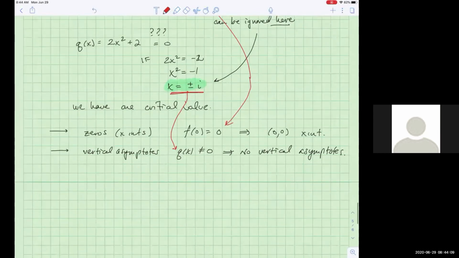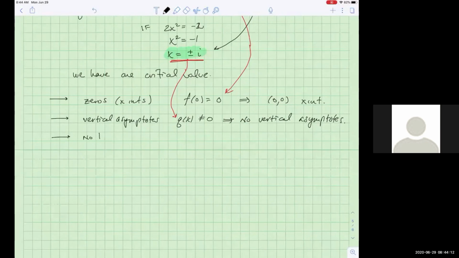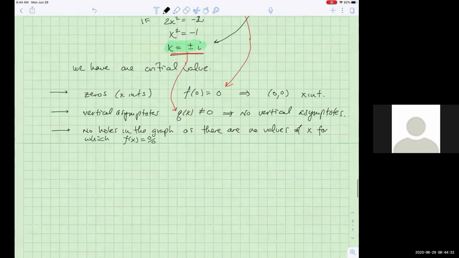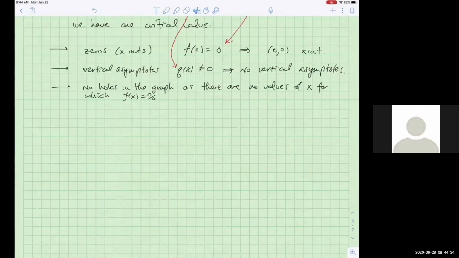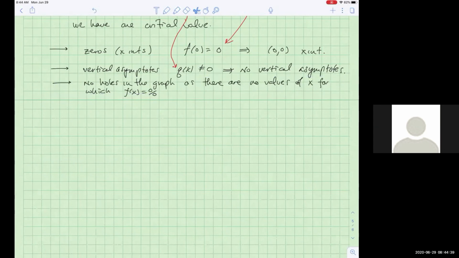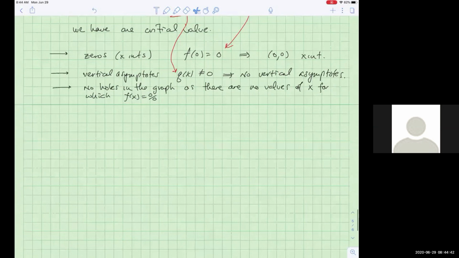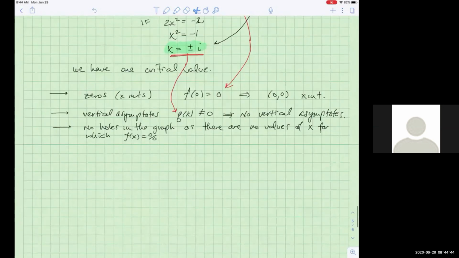And then finally, there are no holes in the graph, as there are no values of x for which f of x equals 0 over 0. So there's not a whole lot of distinguishing features on this graph.